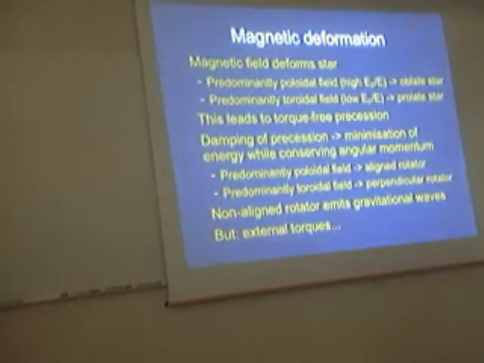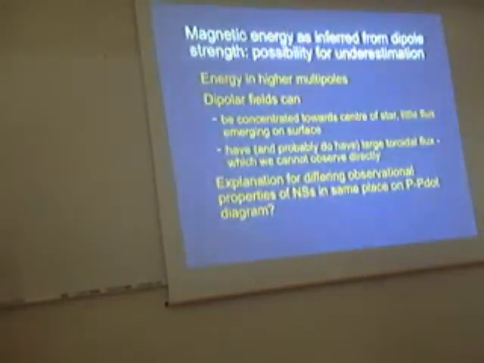One of the scenarios where those might be detectable is if you have a supernova and then you produce a neutron star which is rapidly spinning and has a strong magnetic field, then it may emit a significant amount of energy in gravitational waves, which ought to be detectable within the foreseeable future. But this is ignoring any external torques, I should say, so that's something else which needs to be considered.